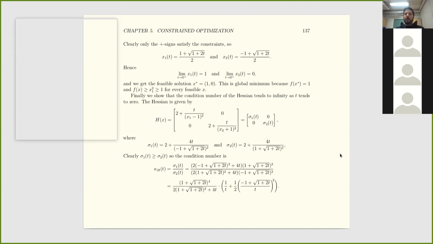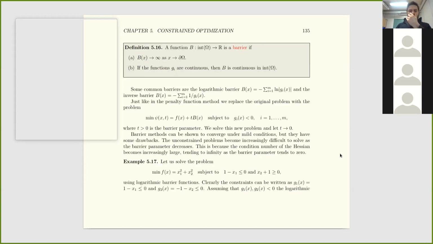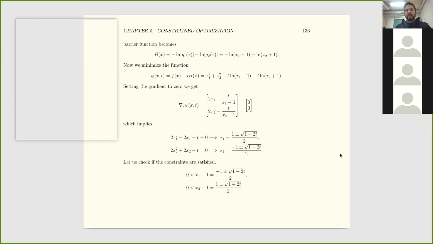For instance, if we are using the Newton method, we're not actually calculating the inverse of the Hessian, but mathematically speaking, it's equivalent to multiplying with the inverse of the Hessian. And if the Hessian is all but singular, then the inverse will behave in a very bad way. It becomes very unstable. So the problem with the barrier method is that it tends to get really icky when the t gets very small, if the optimum point is actually found at the border.